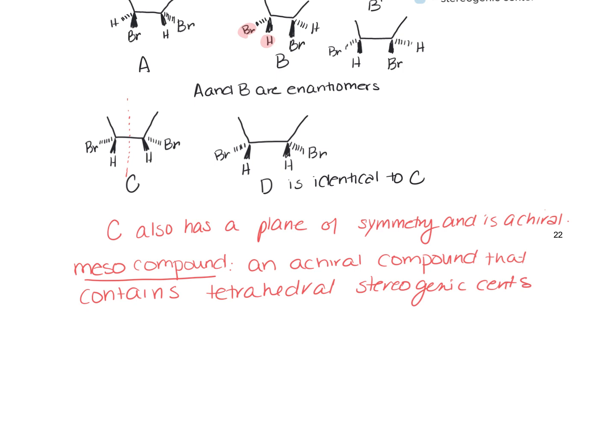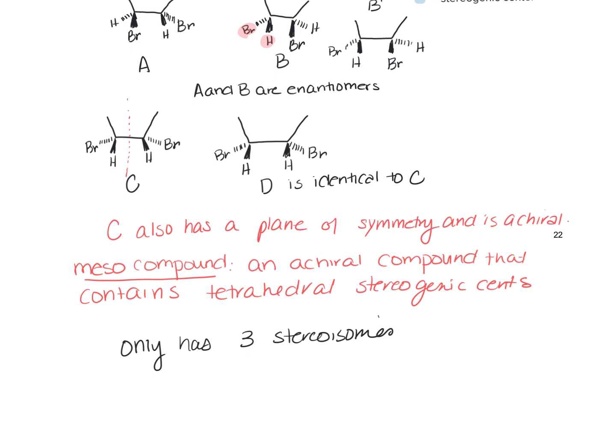And meso compounds generally have that plane of symmetry, so they possess those two identical halves. So because that stereoisomer of 2,3-dibromobutane, C, is superimposable on its mirror image, this means that it only has 3 stereoisomers, right?